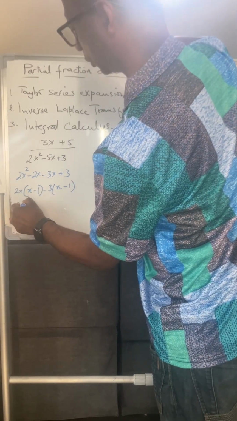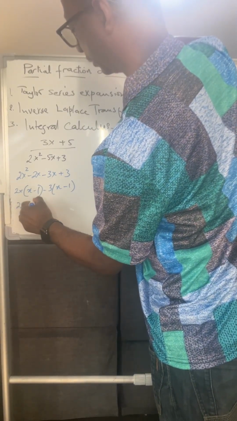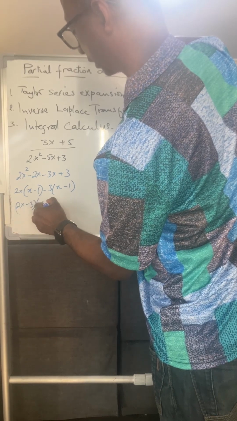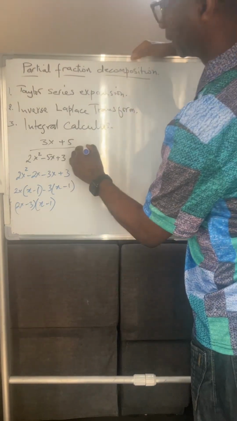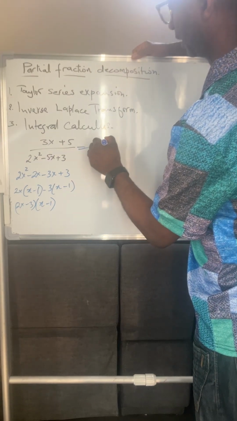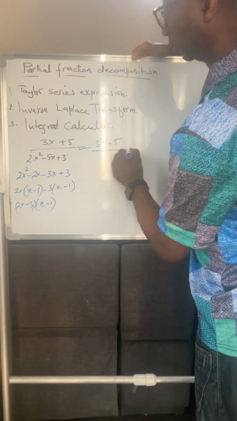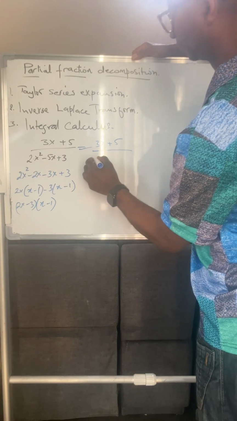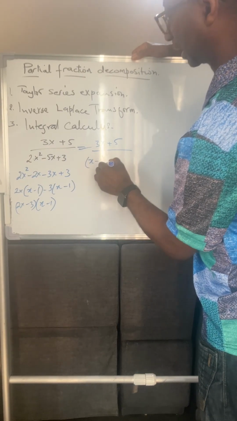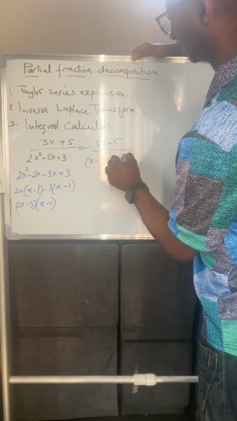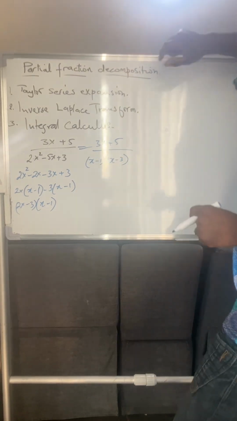So now you have 2x minus 3 into x minus 1. So these are your factors. So now this expression becomes 3x plus 5 all over the factors of this. Let me start with the small one, x minus 1 and 2x minus 3.